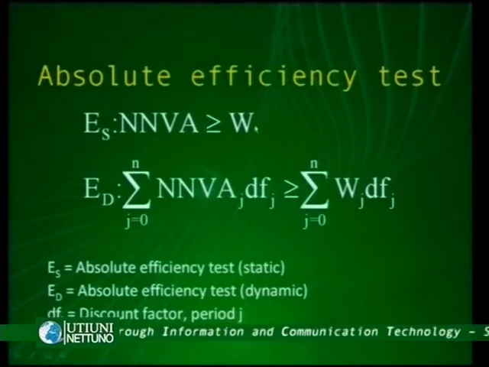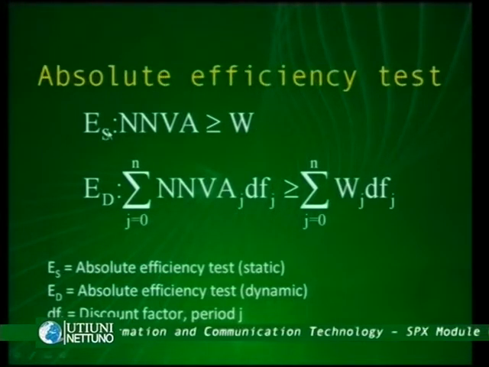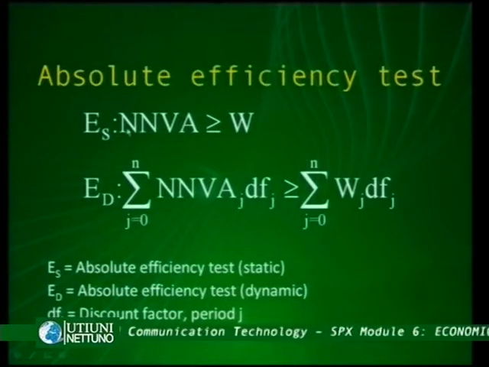So here in the static absolute efficiency test, for a given period you are interested in in the life of the project, you are comparing the net national value added with the wages that are paid by the project in that year.